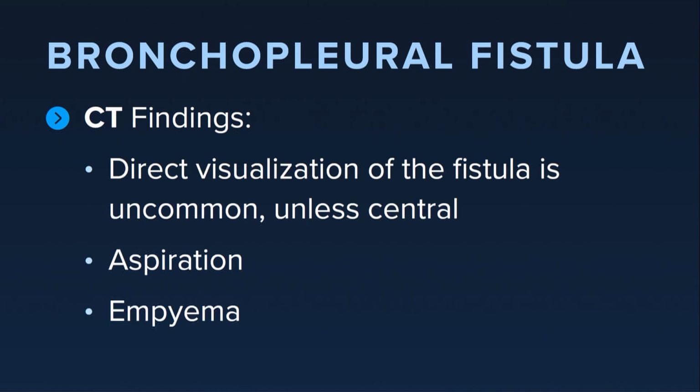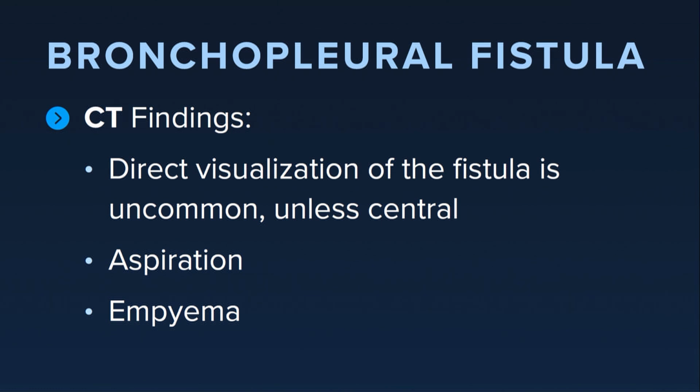On CT, you can directly visualize the fistula. The older literature says you rarely see it. In some of the newer literature, it's more commonly identified. Again, I think that just reflects the transition from, we used to only get 5 millimeter cuts, and now we're getting like 0.625 millimeter cuts. And so oftentimes you can find it.